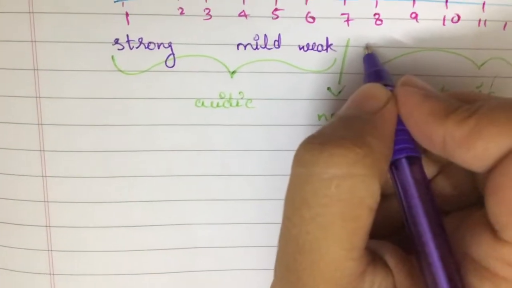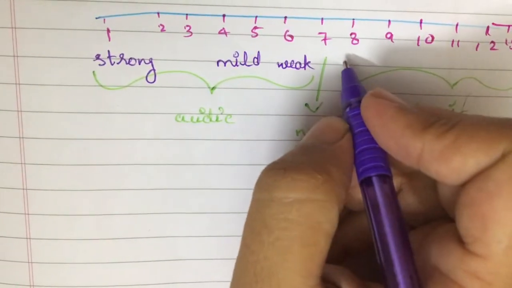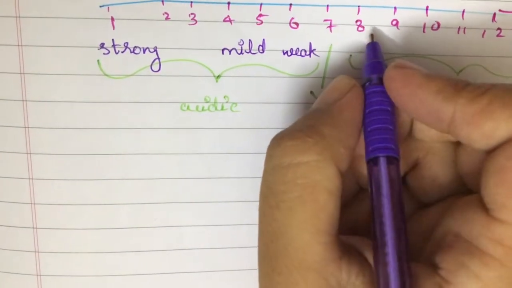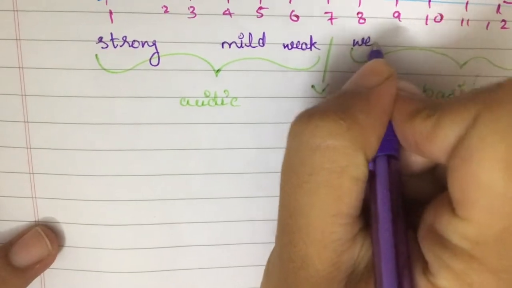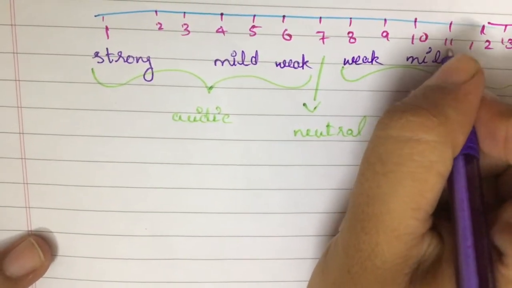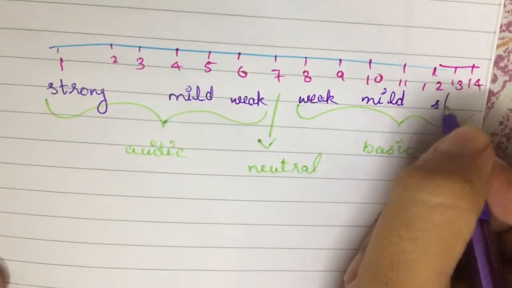Similarly here the bases will be, that is 8, 8 means again comes weak base, mild and strong.